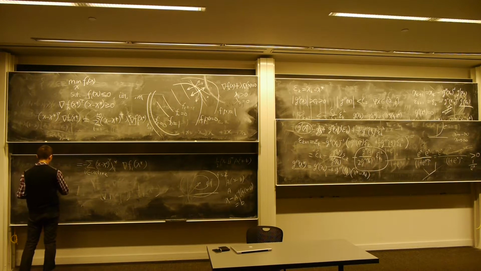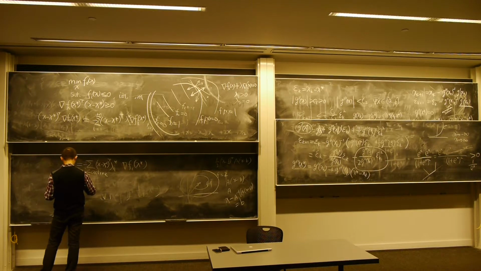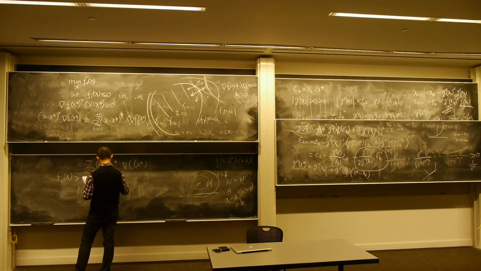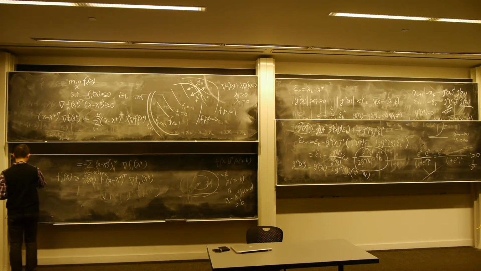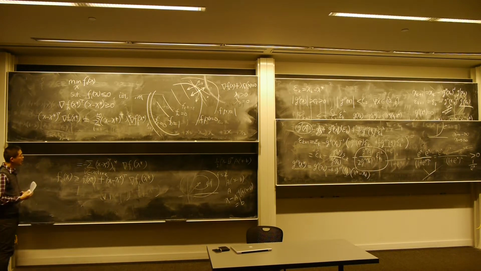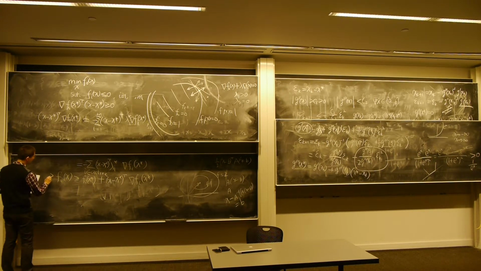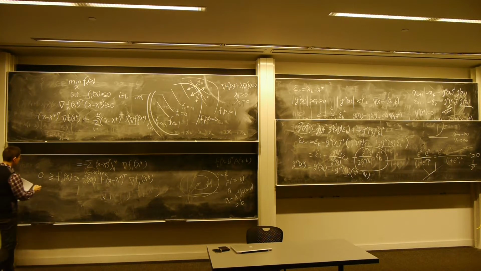So basically, I have fi of x is greater than or equal to fi of x star plus x minus x star transpose gradient of fi at x star, for any active i. This is true for any i, but for active i, I also have that this one is smaller than or equal to 0. So anyway, this holds for all the constraints.